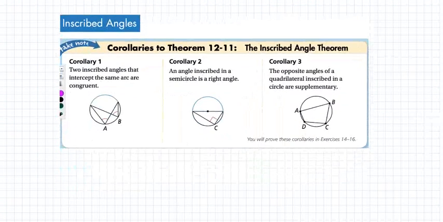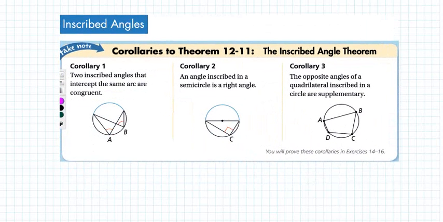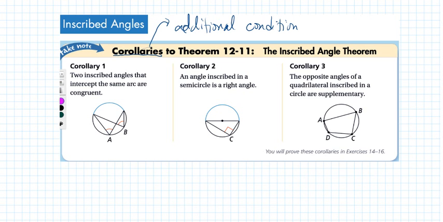I would like you to look at these corollaries, or additional provisions. Corollary is so hard to pronounce on my part, honestly speaking, but I can simplify it as additional provisions, or conditions on the inscribed angle.